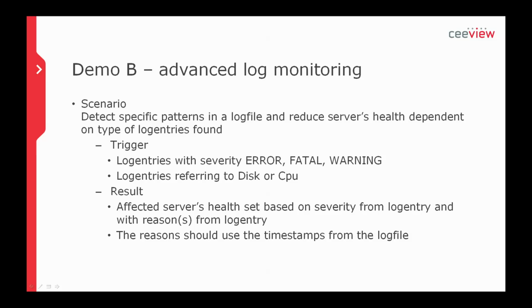We will now extend the basic monitor we created to cover all of the severities error, fatal and warning. And we will require such entries to be related to disk or CPU problems. Furthermore, to complicate things, we will require the monitor to set the reason severity based on the severity from the log file and to use the log file's timestamp.